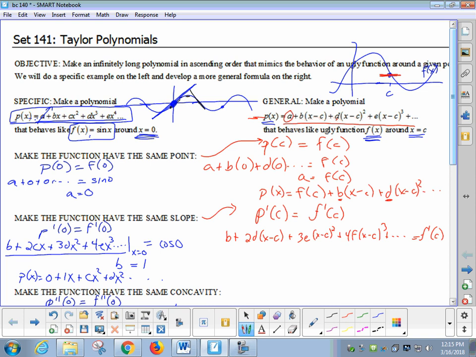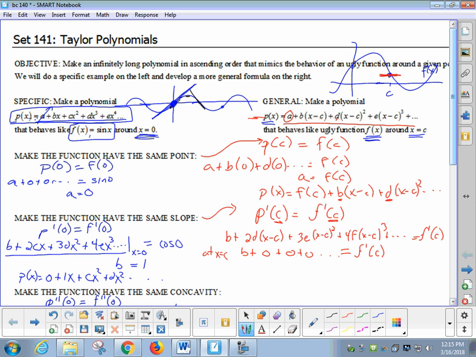All right. So now, if we want to meet it at x equals c, we want the derivatives at x equals c to match. Well, at x equals c, b stays, but everything else, when you put a c in for x, drops out. And so b is f prime at c.